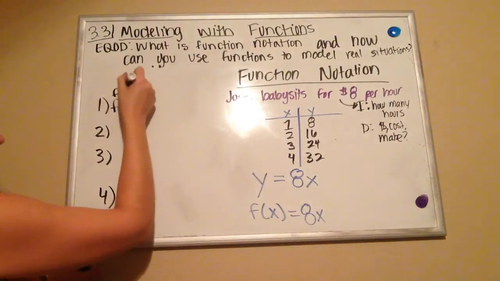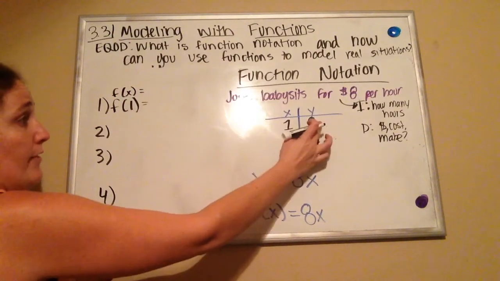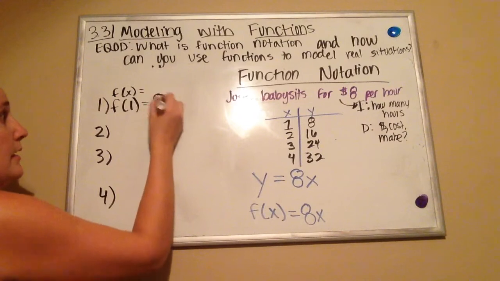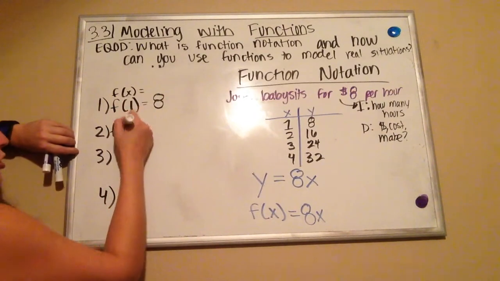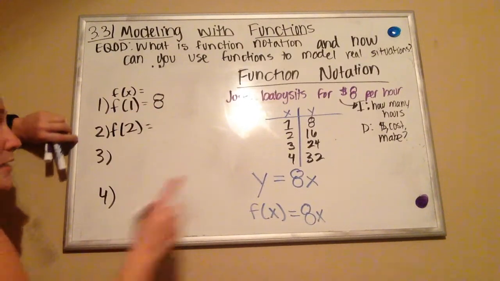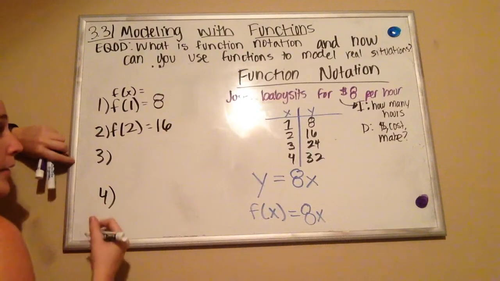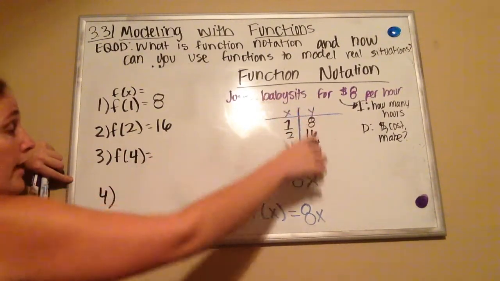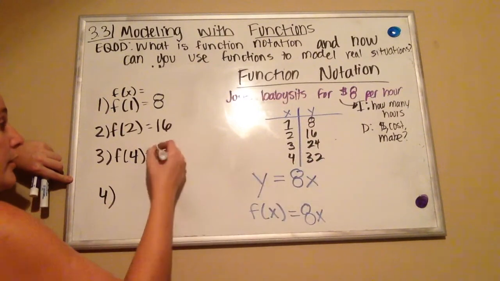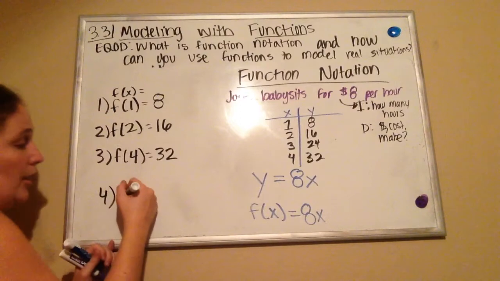Right? Because remember, this is f of x. The y value when x is 1 is 8. Alright. F of 2 is saying, what is the y value when x is 2? It's 16. Okay? F of 4. What is the y value when x is 4? It's 32. Right?